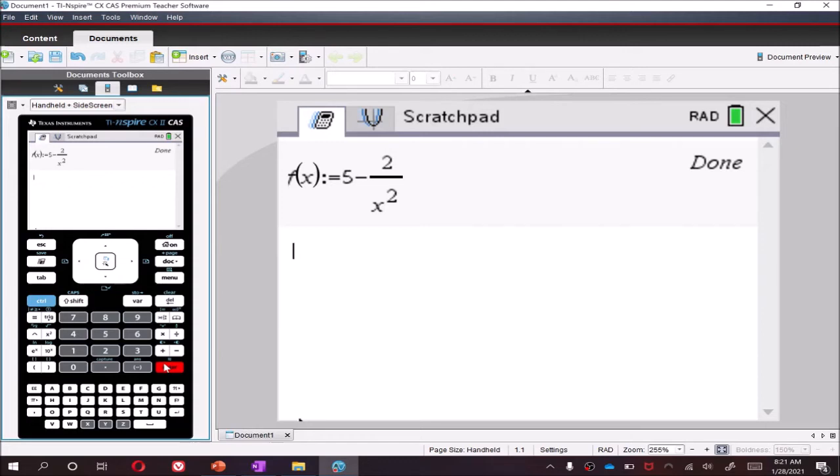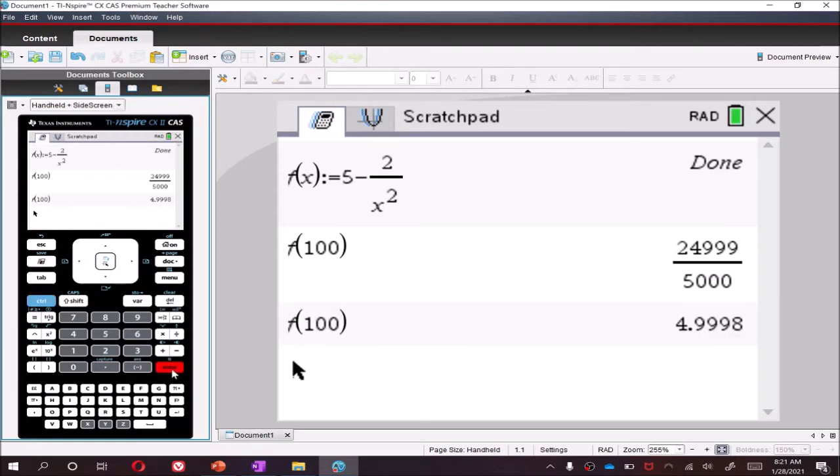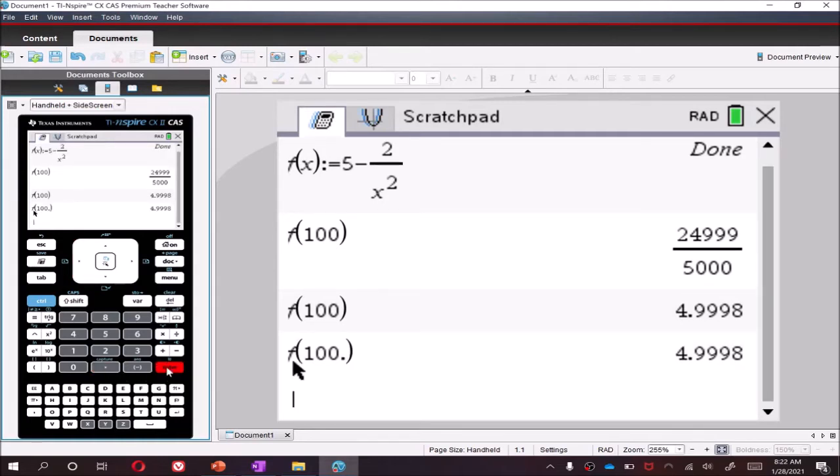The first thing we wanted was f of 100. Notice that it's giving me a fraction, an exact value, and I don't want an exact value. There are two ways to fix this. The first way is just to do Control-Enter, which gives an approximation. The second way I could have done it was to just put a decimal point after the 100 and then hit Enter. So we get 4.9998.